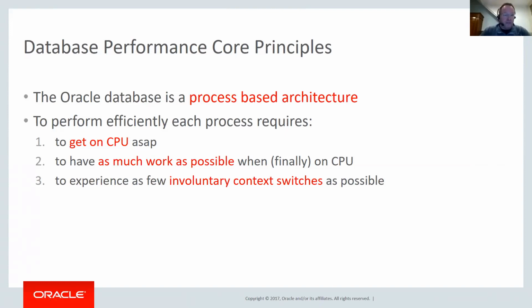But also, once a process is finally on CPU, to have as much work as possible so that it can stay on CPU, because that's how process architectures operate efficiently. And the third thing is a process needs to experience as few involuntary context switches as possible. Now, this all seems a little bit technical, but I'll explain what I mean by these.